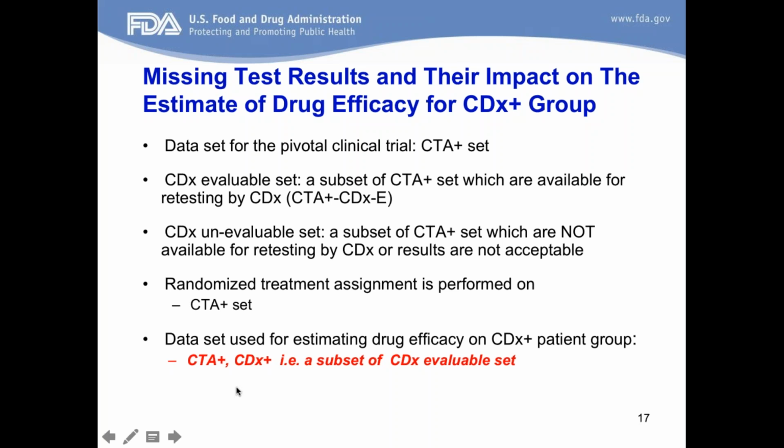So it's possible that the randomized treatment assignment, because it's performed on the CTA positive set, may not be balanced within the CDx positive set. And the data set used for estimating drug efficacy in the CDx patient group, which is double positive, is a subset of the CDx evaluable subset.